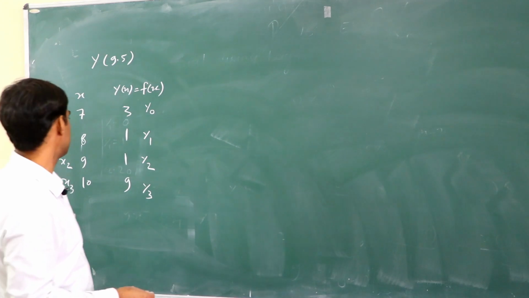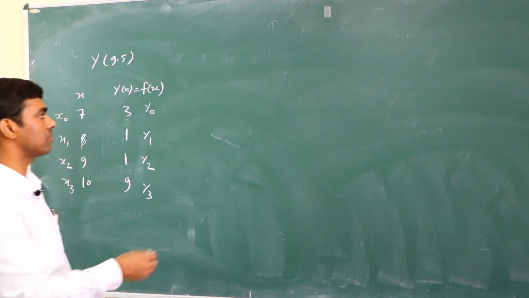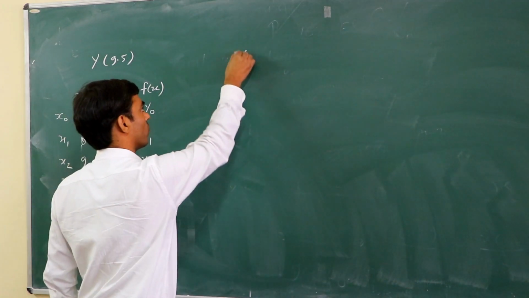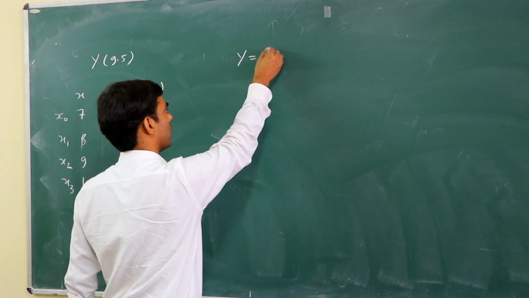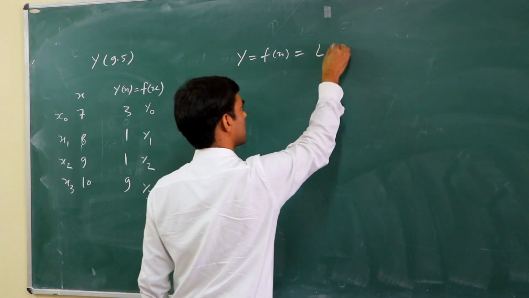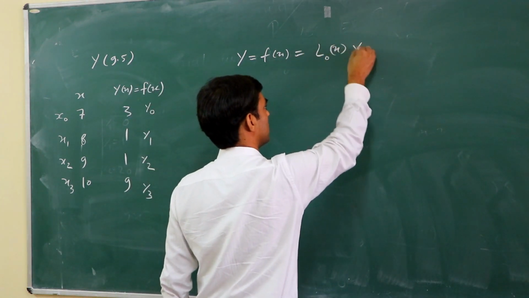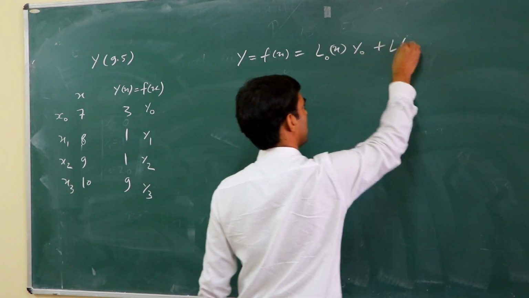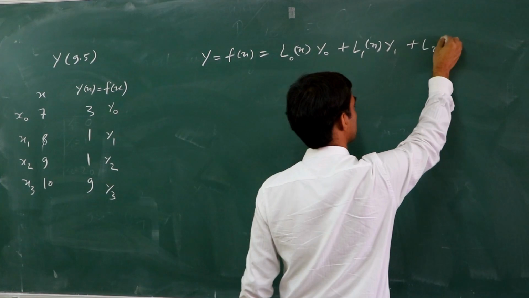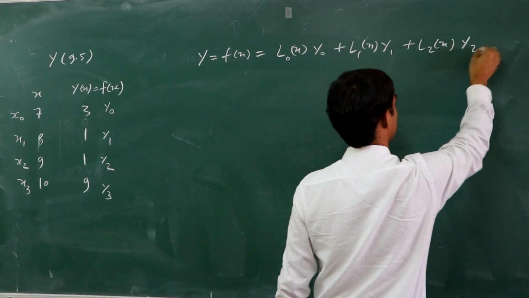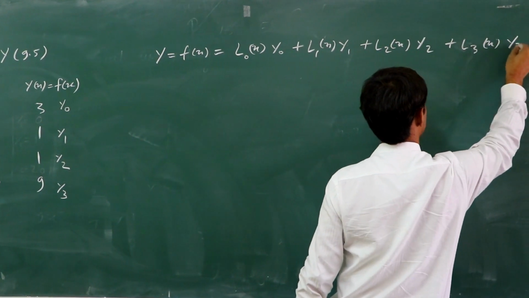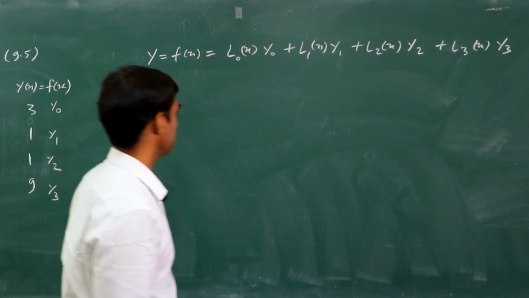So what is the Lagrange interpolation formula for 4 terms? Directly, y equals f(x) equals L0x y0 plus L1x y1 plus L2x y2 plus L3x y3.